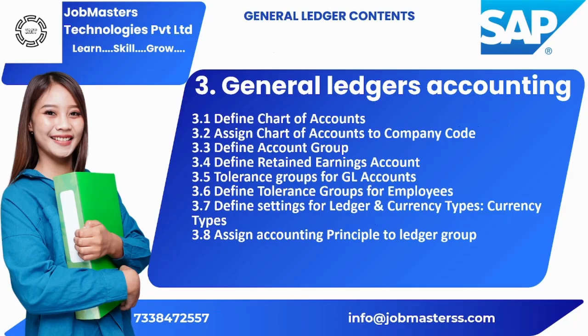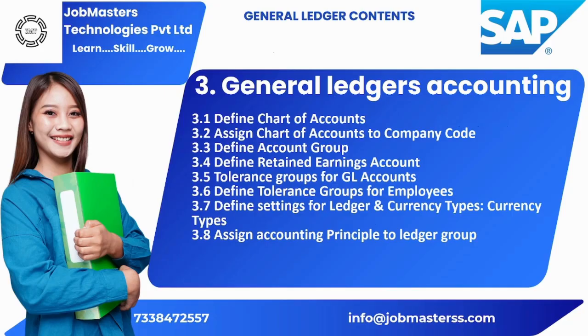Our head office is in India. As per our business requirement, the same operating chart of accounts can be followed for the Indian company code as well as the USA company code. In such a case, we assign the same operating chart of accounts to both company codes.